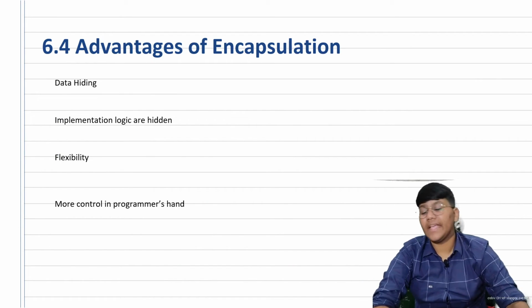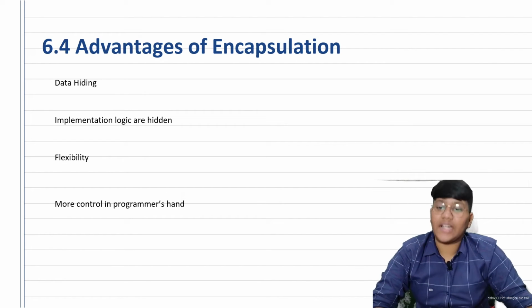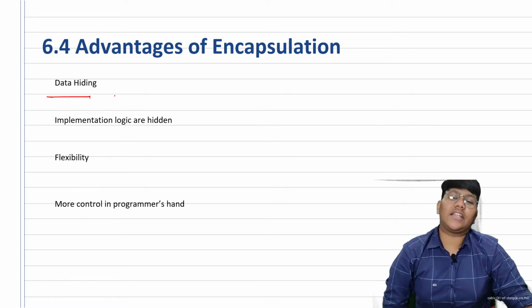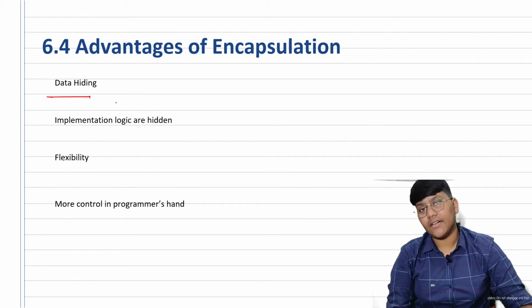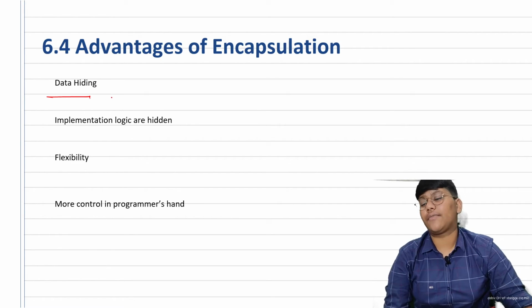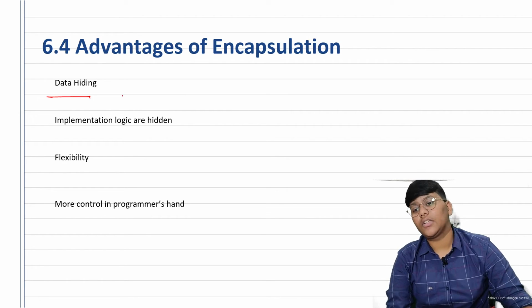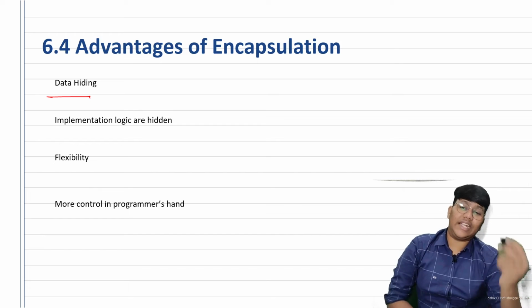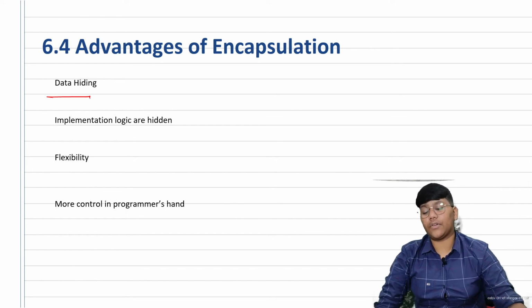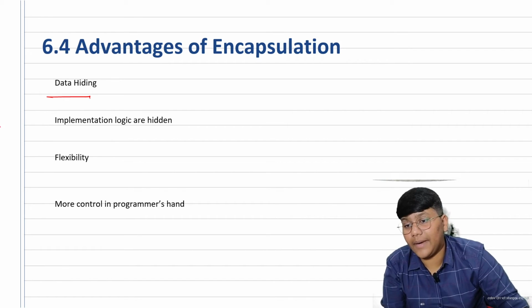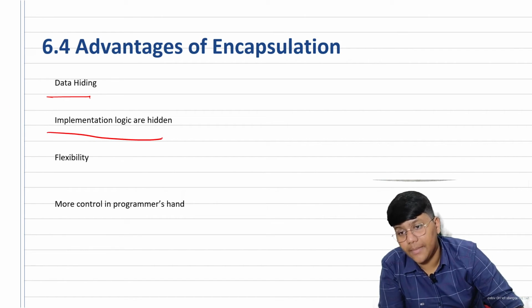Then comes 6.4, advantages of encapsulation. Data hiding: there is some data that needs to be hidden from some people, therefore we use private, protected and default. So data is hidden from the places we do not want it to be. Implementation of logic is hidden.